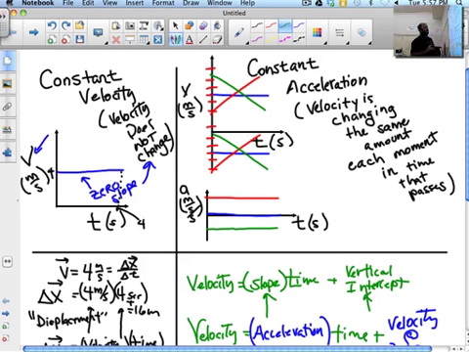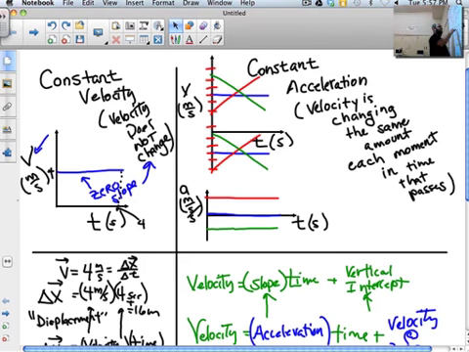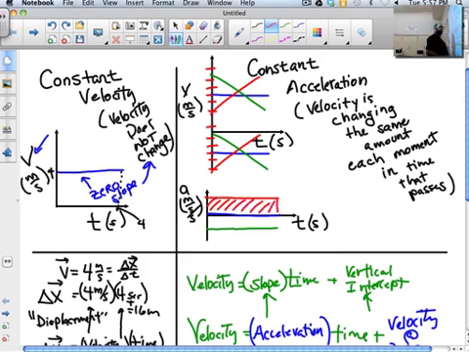Now, the area under our acceleration time graph, let's take this one. This area. Or if you have the green line, it's this area.